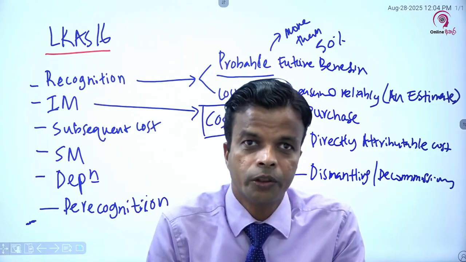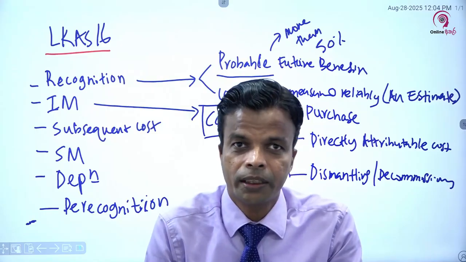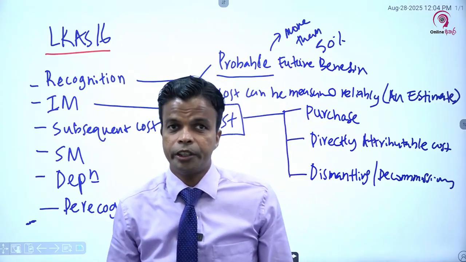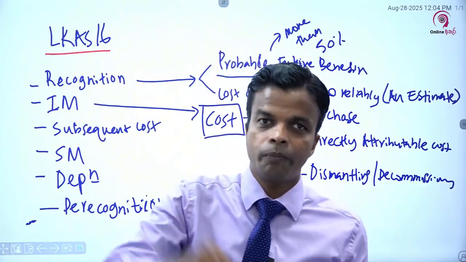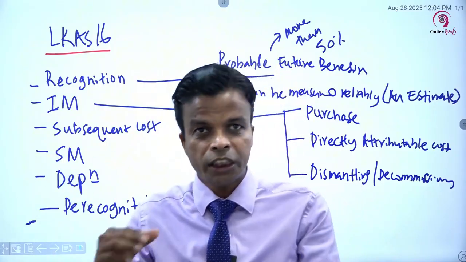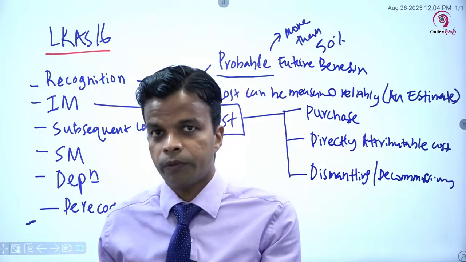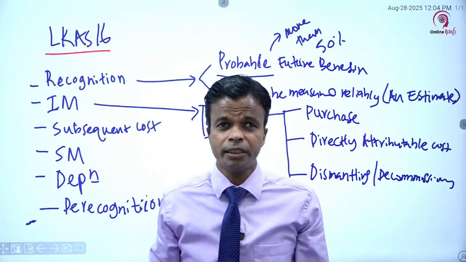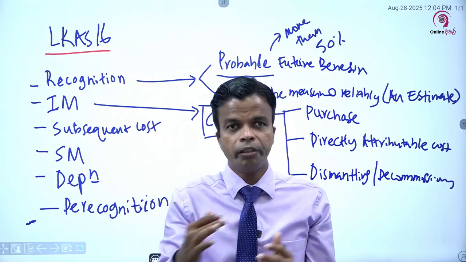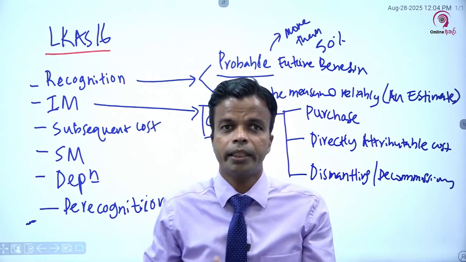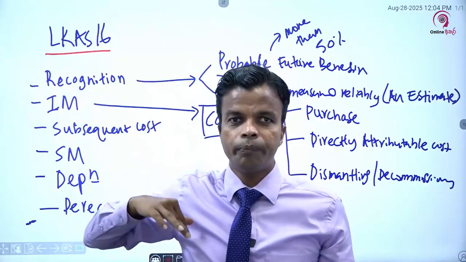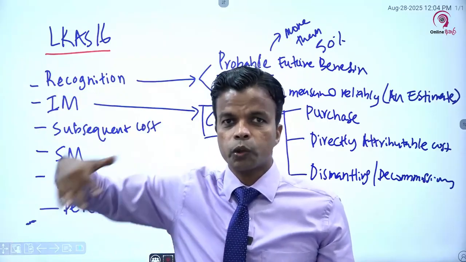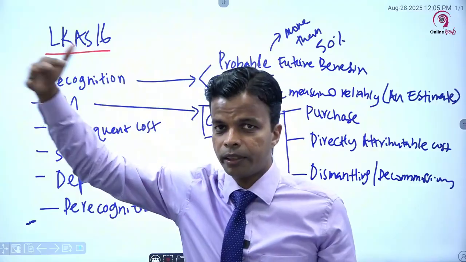Or after 2 years, you need to replace part of a component in the machine to make it usable, and a new component comes in. Now, these two are subsequent costs. But the question is how I should deal with these two scenarios. Should I take everything as part of PP&E and add it to the carrying value of the PP&E, because those are subsequent costs for the underlying asset, in this case the machine?